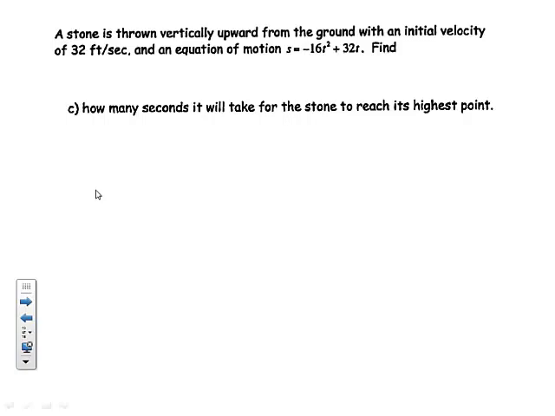Now, how many seconds will it take the stone to reach its highest point? To do this, you have to imagine, so we're starting on the ground, the stone's going up, and it's going down again, and we want to know when it will reach the highest point. Well, to figure that out, we have to realize that at this highest point, the velocity is 0. So remember from our previous slide, the velocity was the derivative, negative 32t plus 32.